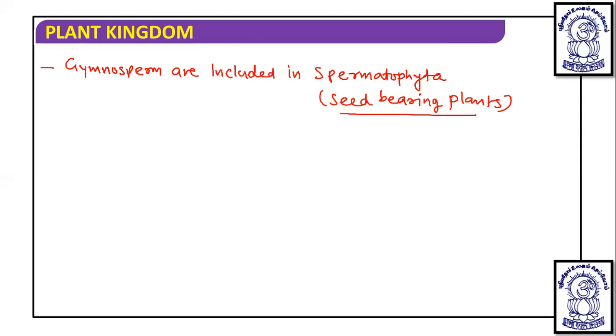So seed bearing plants are the gymnosperms. In gymnosperms there is a naked seeded plant and there is no fruit formation. Fruit formation does not occur, but embryo and seed formation occurs.